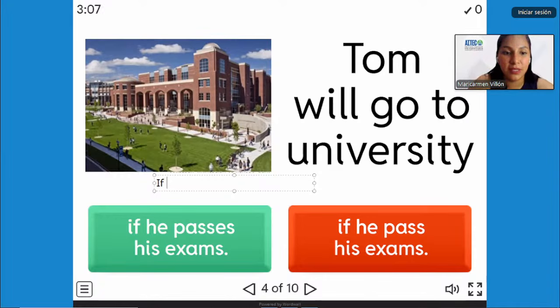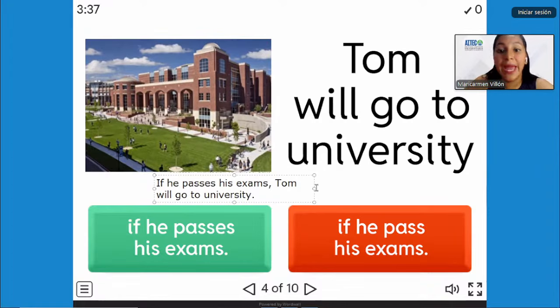Entonces, ¿qué estábamos diciendo? If he passes his exams, si él pasa los exámenes, ok. ¿Cuál es el resultado? Tom will go to university. Coma, cuando empieza con la condición, el resultado está separado con una coma. Tom will go to university o to college.